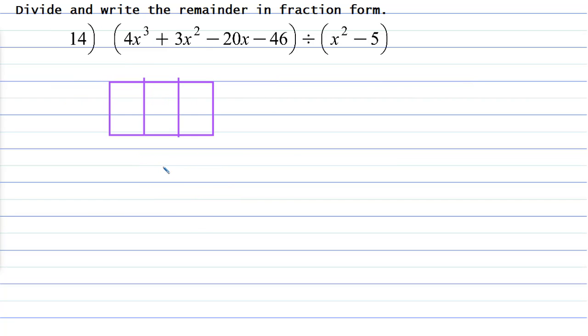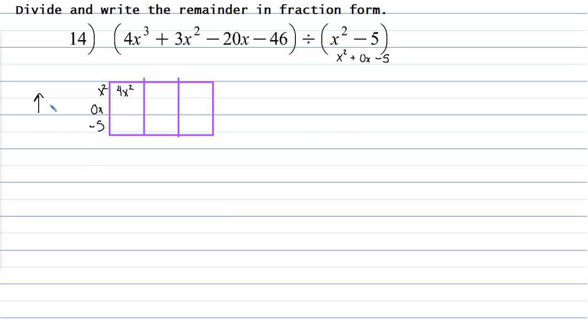Let's look at this next one. I look at my numbers and I go down by 1 on all my exponents when I'm dividing, but my dividend does not, so I need to put a plus 0x in there. So x squared, 0x, negative 5. 4x squared goes here.